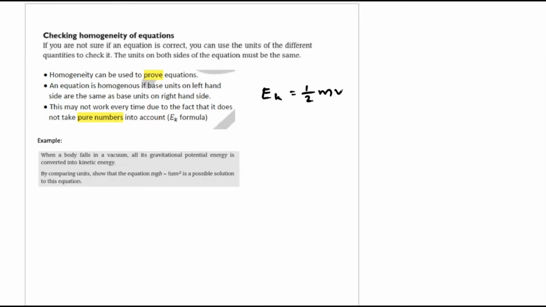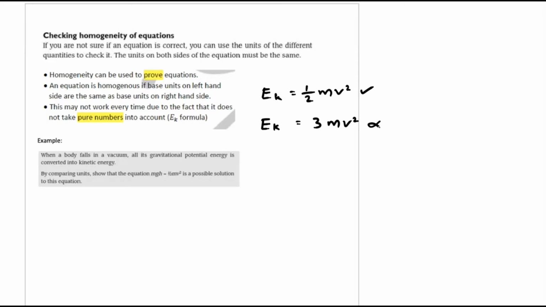mv squared. We know that this is true because we learned that. If I change it to 3 mv squared, of course, I know it is wrong, because we don't learn 3 mv squared, we learn half mv squared.